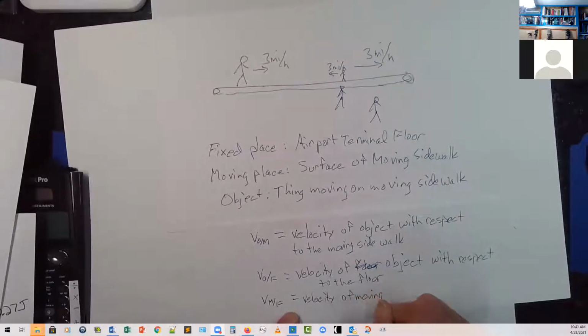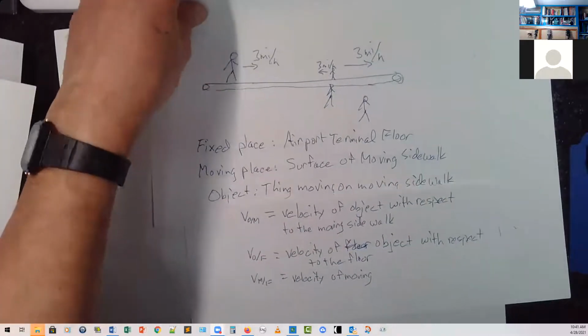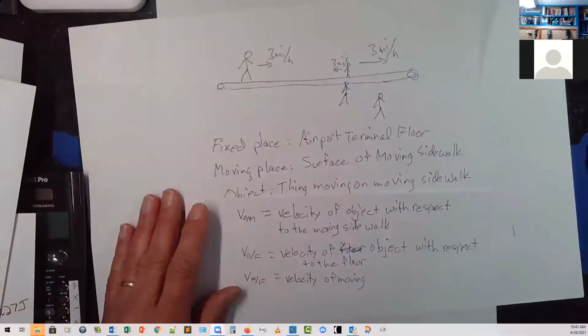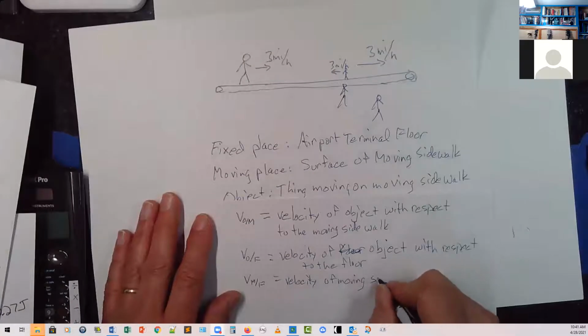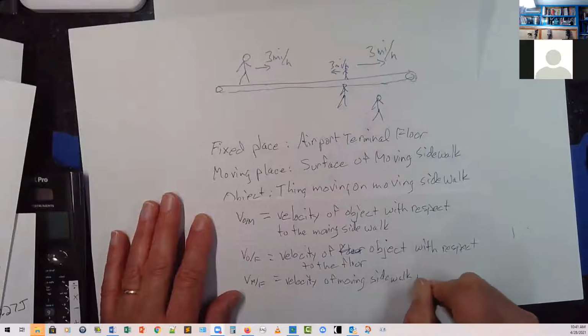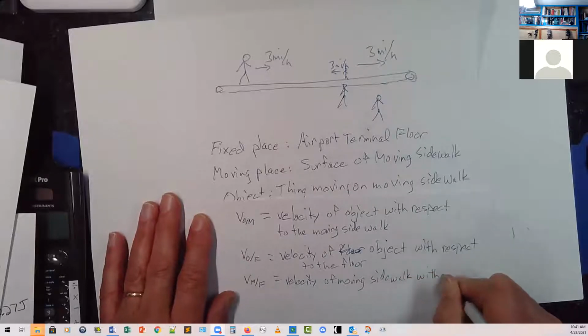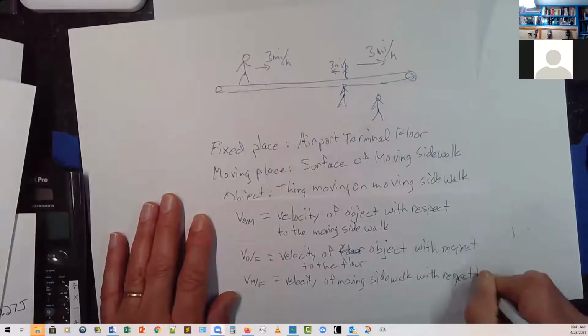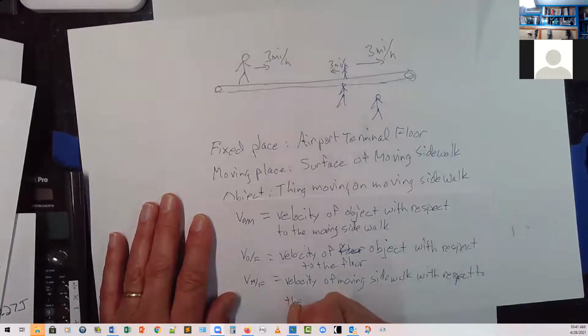It's a whole lot shorter to just state these in words, but I think I need to write them out this time. Velocity of the moving sidewalk with respect to the floor.